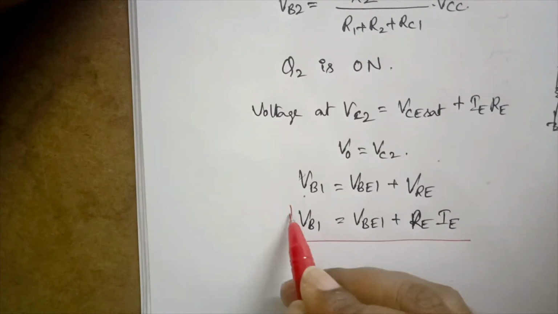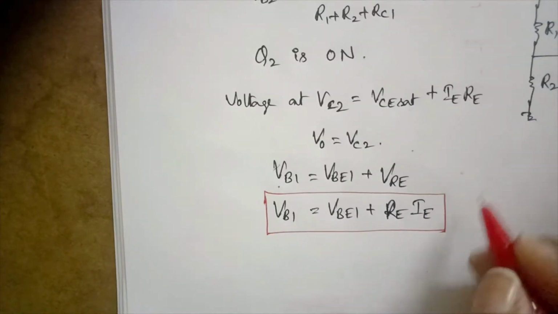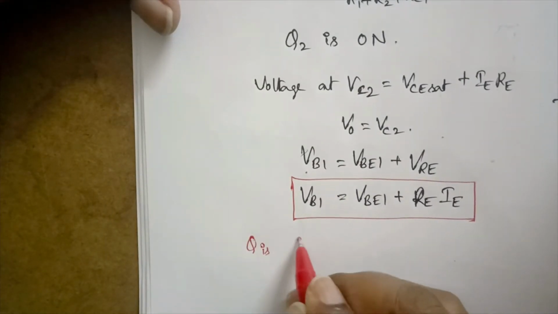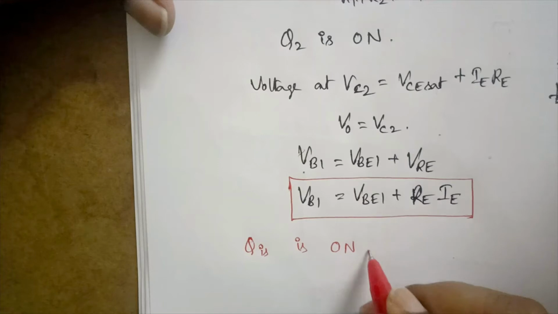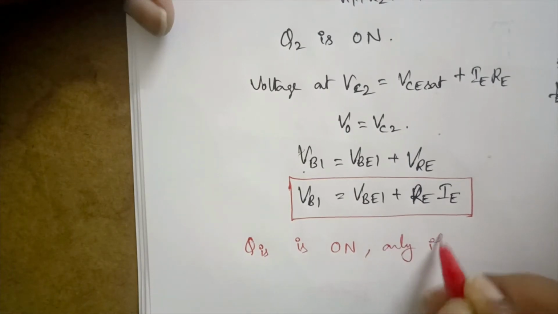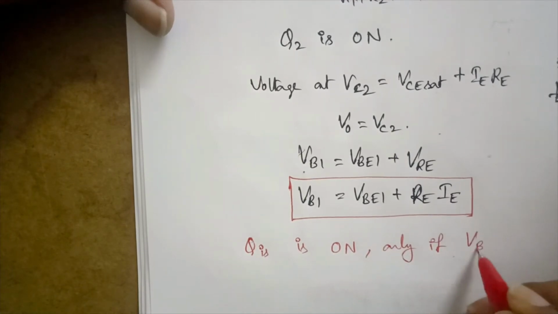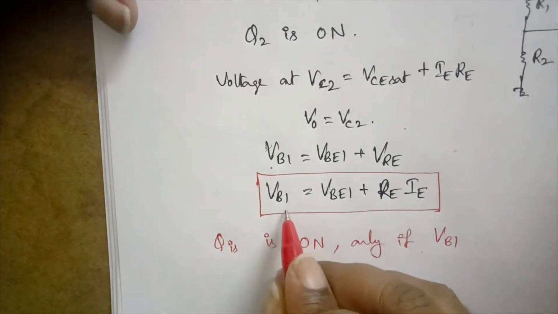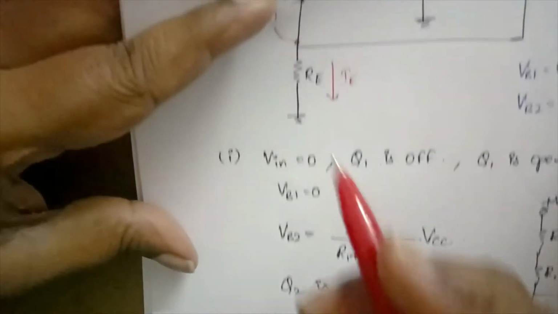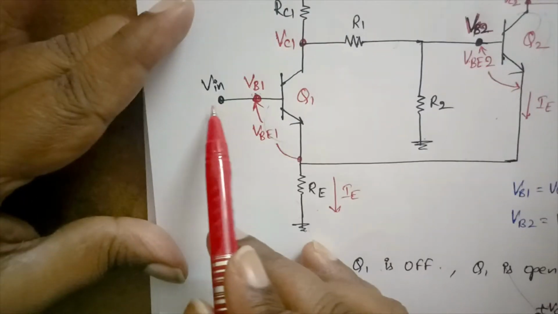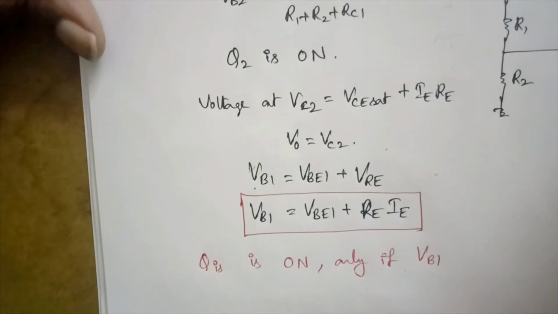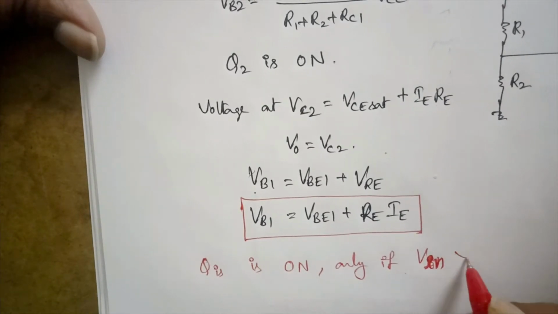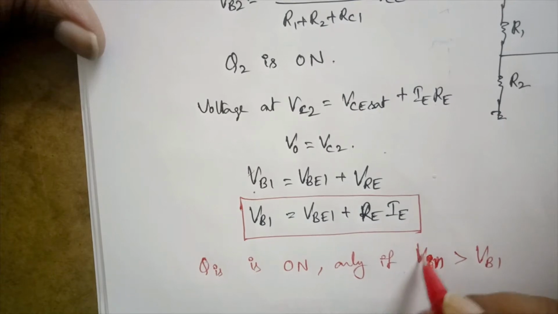The transistor Q1 is on only if Vin, the voltage we are applying here, is greater than VB1.